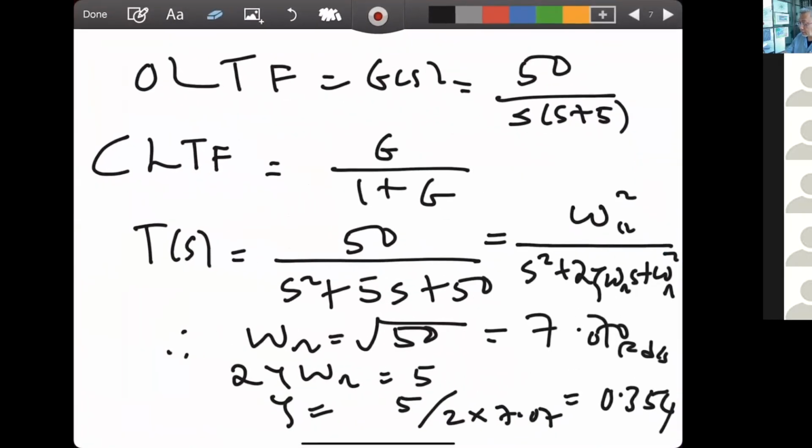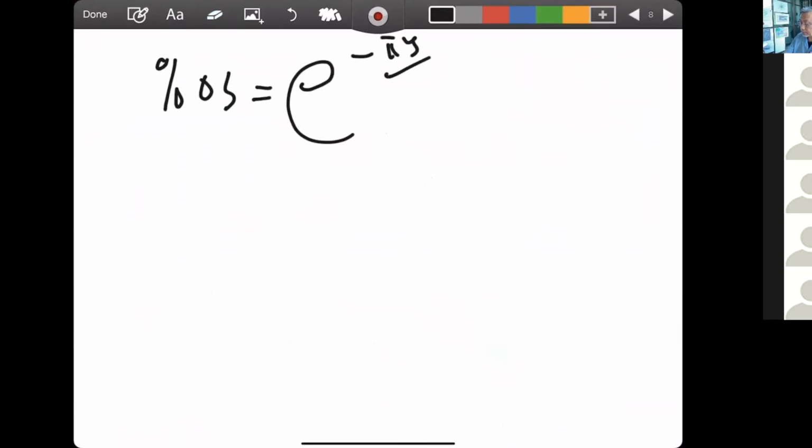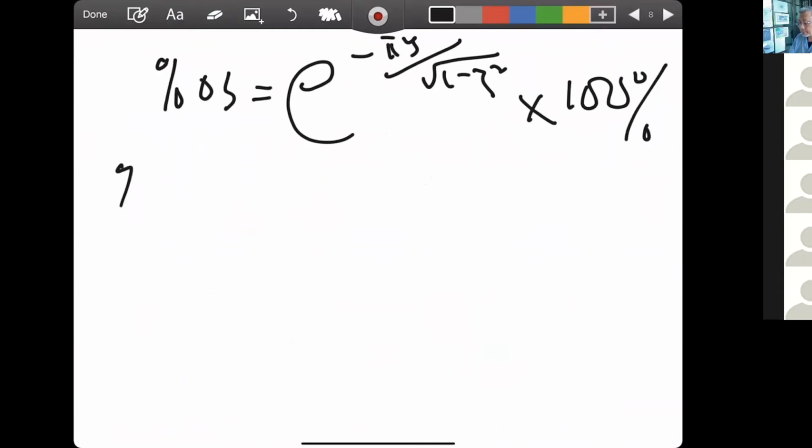Jadinya sekarang ni, percentage overshoot sama dengan eksponen, kan, 0.354.